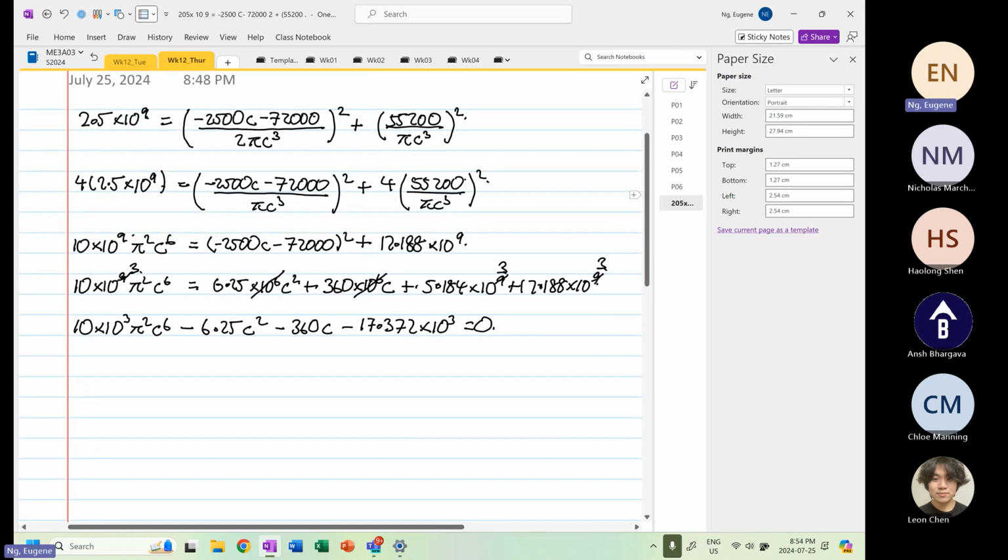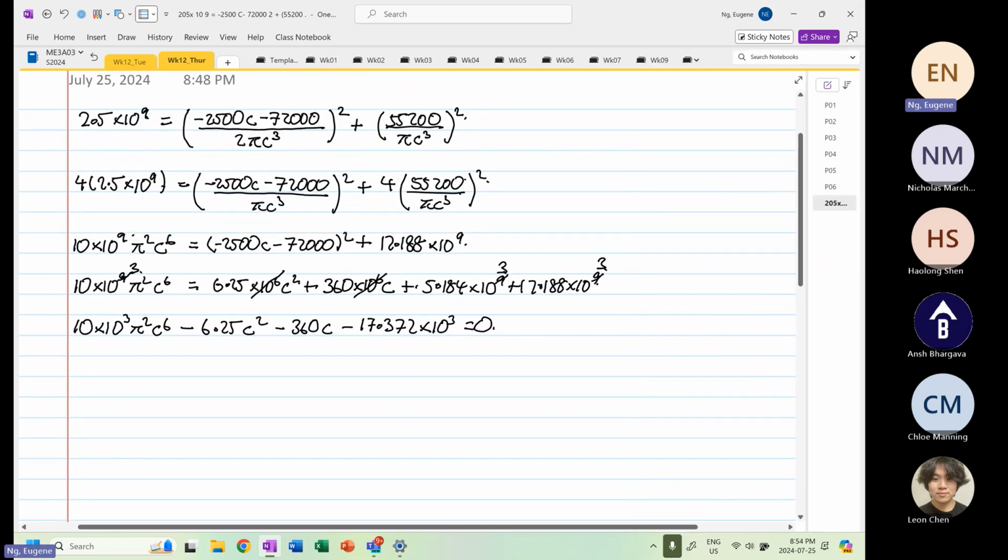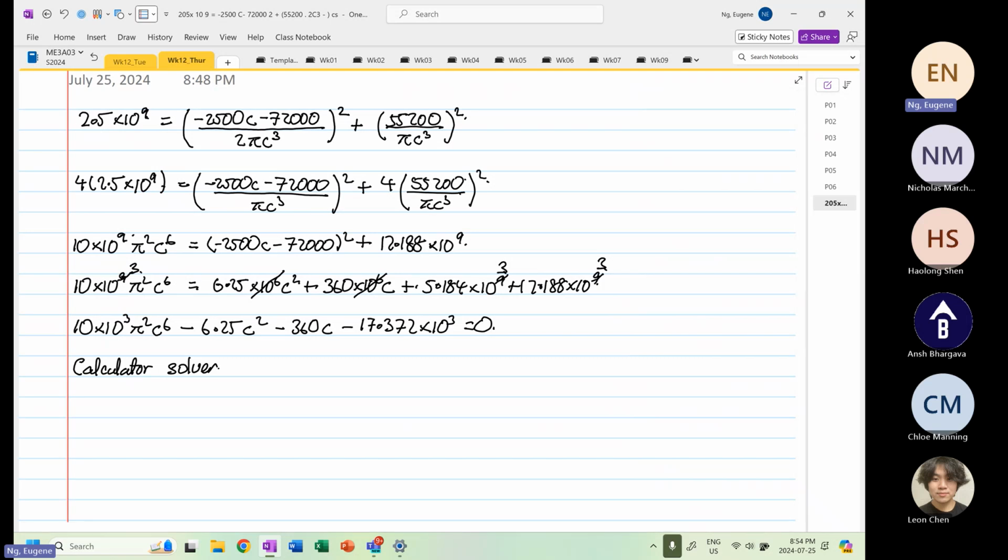Then from here, I'm going to post a video on how to use the solver. So we use our calculator solver. Okay, after our class, I'm going to post this online. We're going to use our solver.